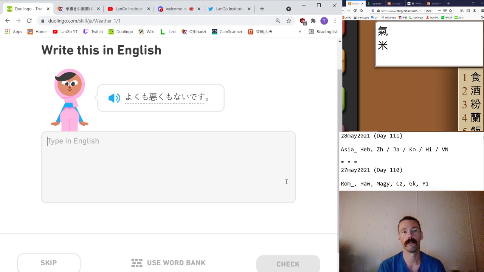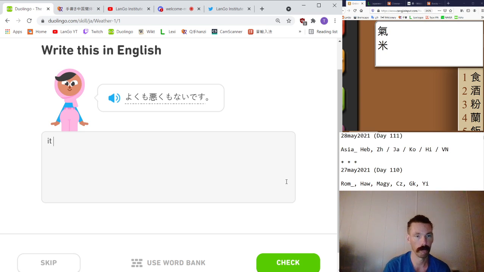Yokumo warukumo nai desu. This is interesting. A very interesting construction. The following one. Kumo is the cloud. There is a word kumo, but that's not what we have here. Yokumo.